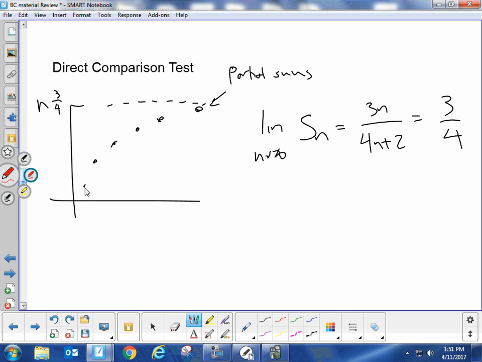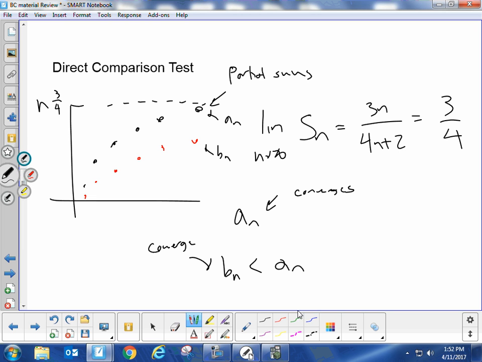That's good. Now, if I know I have a series that all of the terms are less than it, then all of the partial sums would end up being less than these partial sums. We would have a convergent series. So let's say that this is called A sub n, and this is the partial sums, and this is B sub n. If we know A sub n converges, and B sub n is less than A sub n, we know B sub n's got to converge.